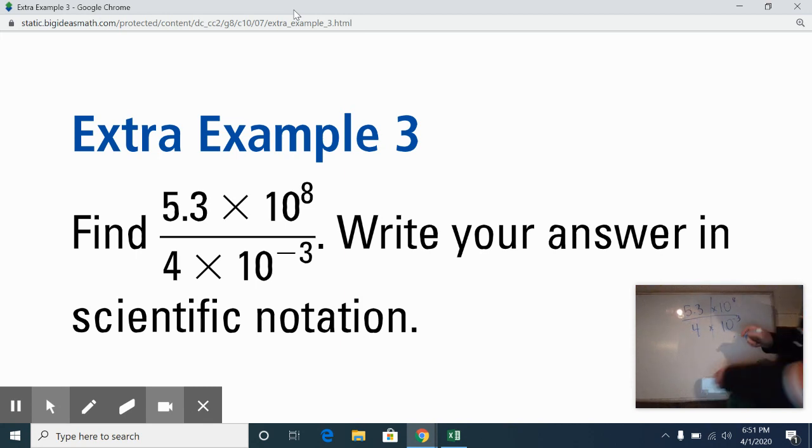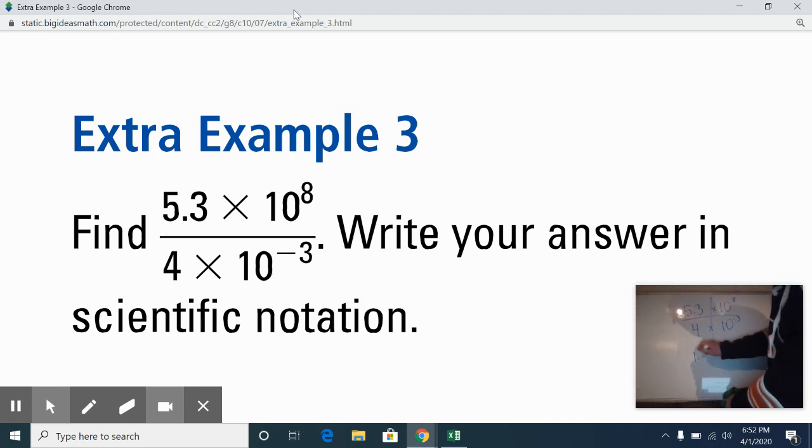All right, so I'm just going to draw a line right down the middle, okay? And I'm going to do 5.3 in my calculator divided by 4, which gives me 1 point.